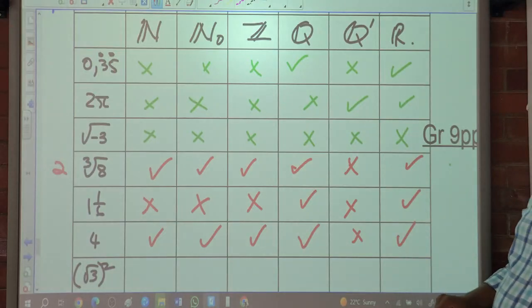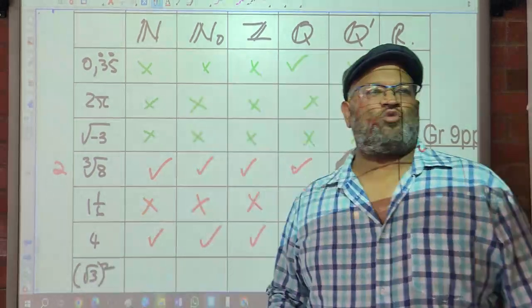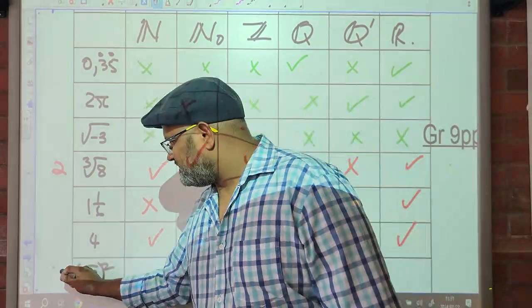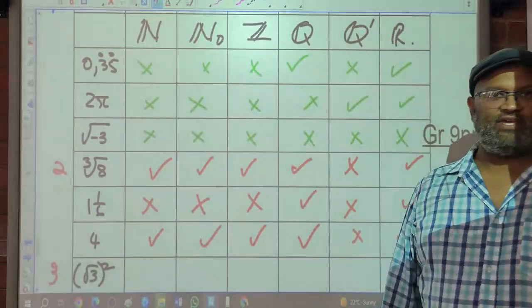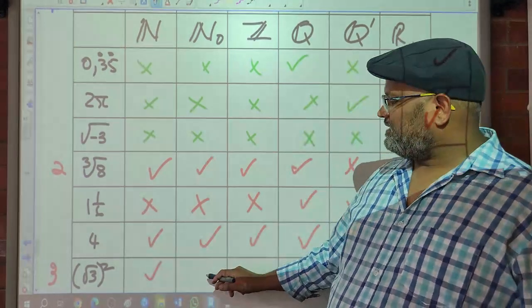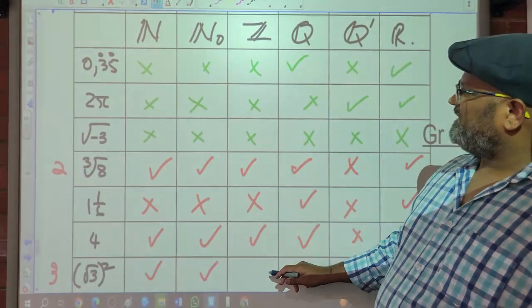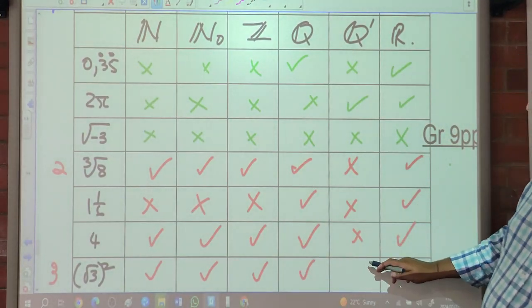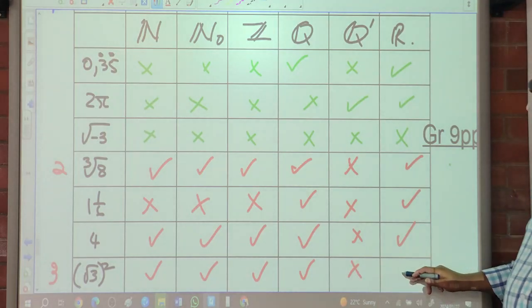Real? Now, the square root of 3 squared is what? 3. So we're basing our answer on 3. Is it natural? Is it whole? Is it an integer? Is it rational? Is it irrational? Is it real?